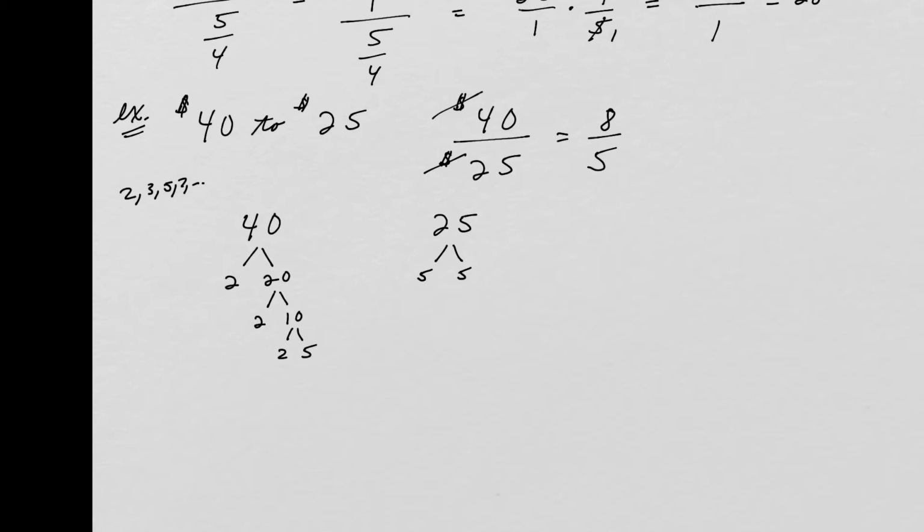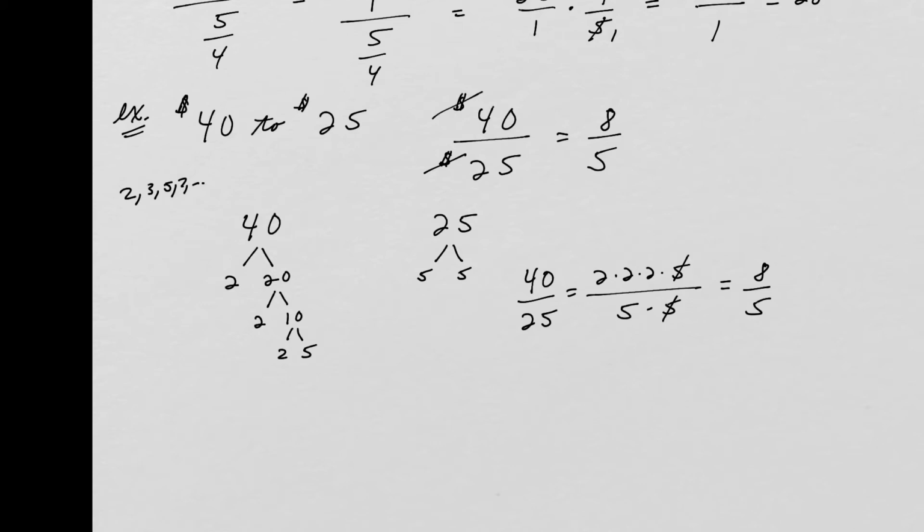So really 40 over 25 is the same as 2 times 2 times 2 times 5 over 5 times 5. And here we can easily see that the 5 over 5 cancels. So I can take out a factor of 5 over 5, and I'm left with 2 times 2 times 2, so 2 times 2 is 4, times 2 is 8 over 5.